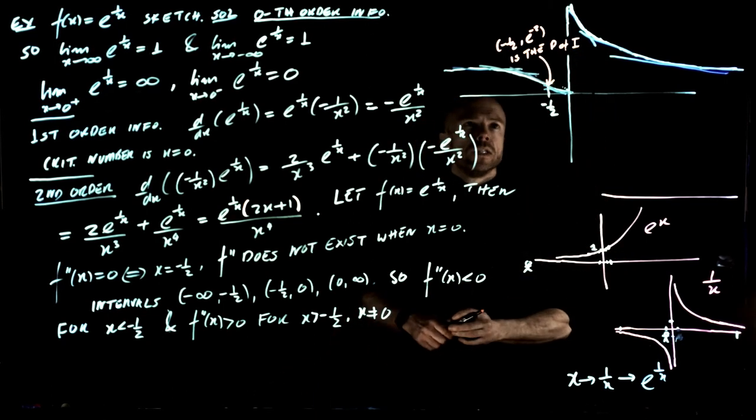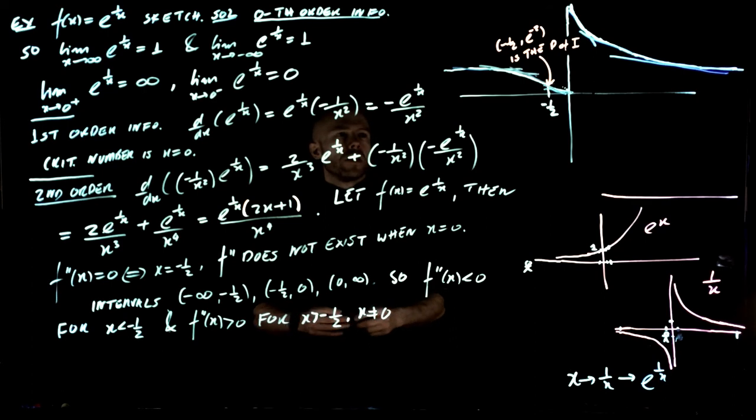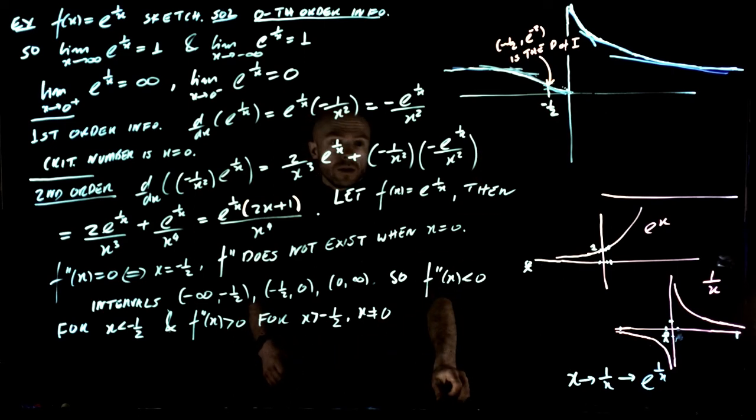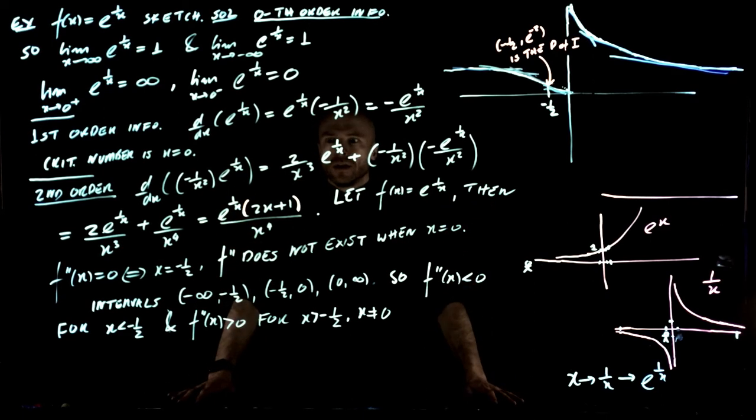And that's the only point of inflection, because across 0, we are concave up and concave up on both sides. And that is this entire thing that we can learn about this guy.